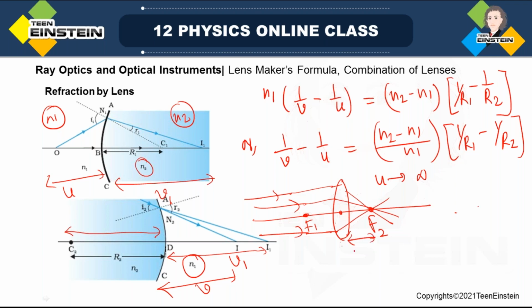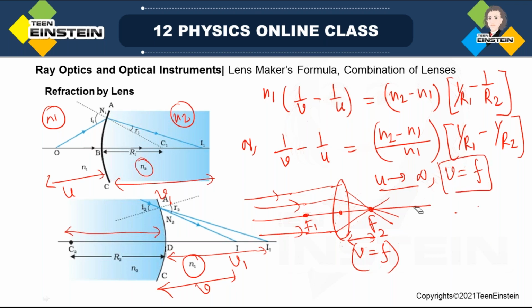So this V will be f itself. If U is infinity, the image forms at the principal focus, which has focal length small f.